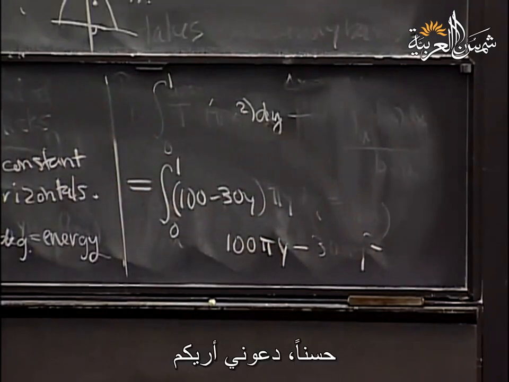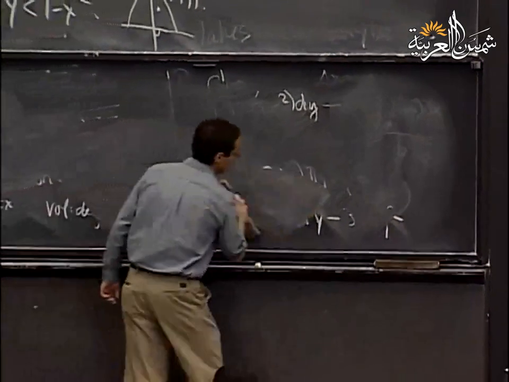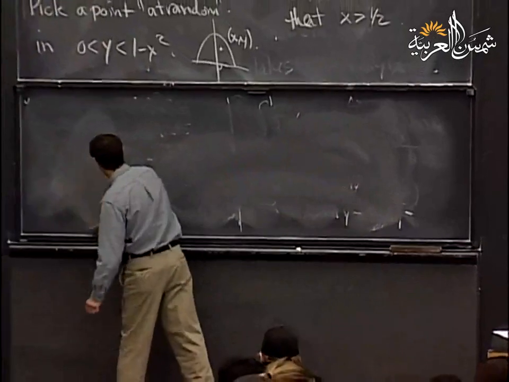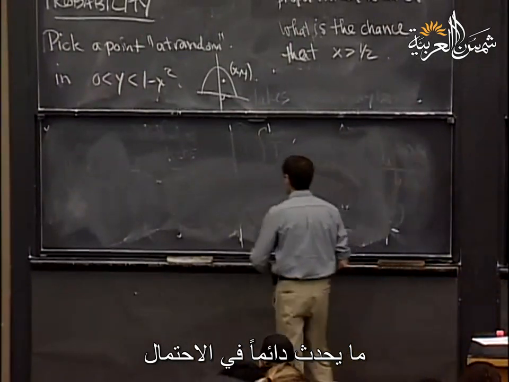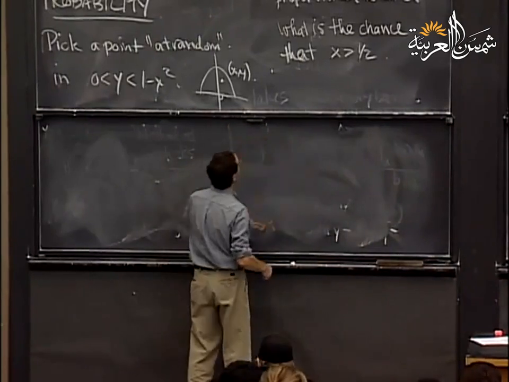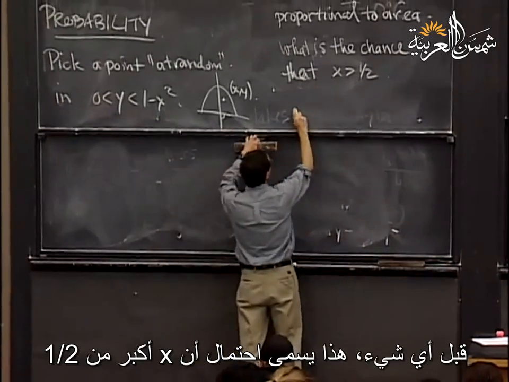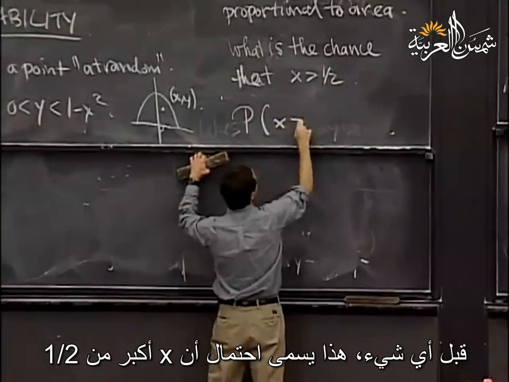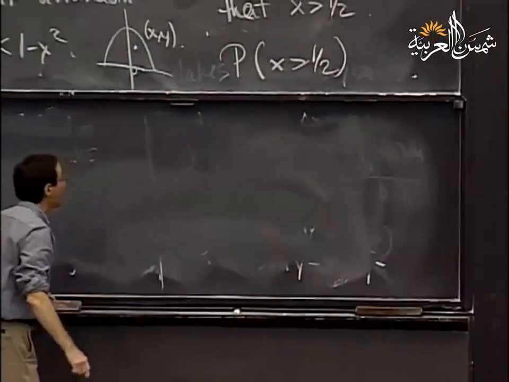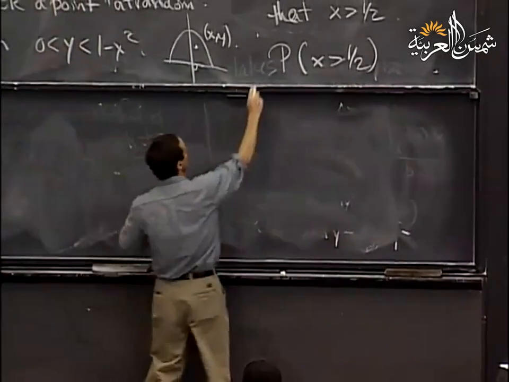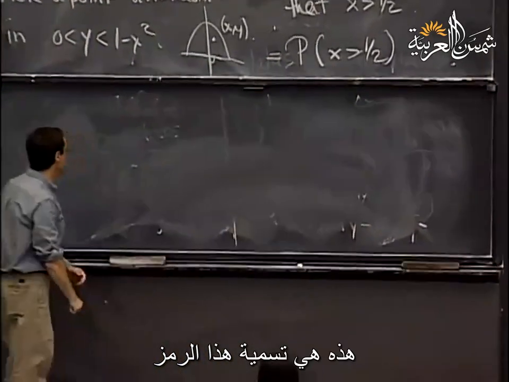Now let me show you what's going on here, and this is always the case with things in probability. So first of all, we have a name for this. This is called the probability that x is bigger than a half. And so that's what it's called in our notation here.